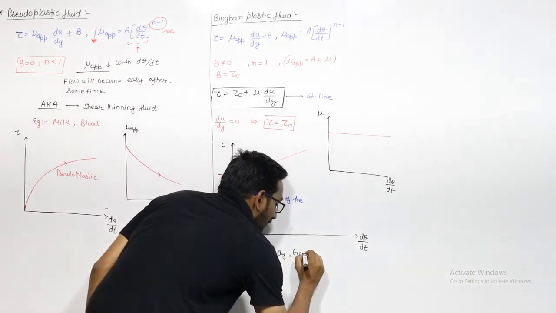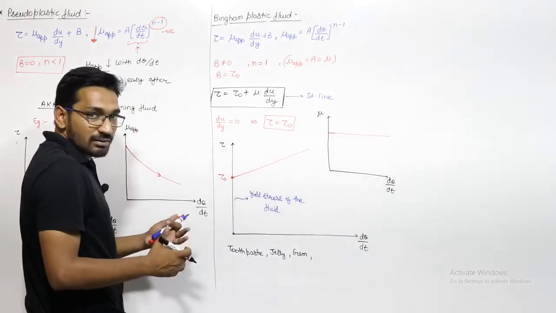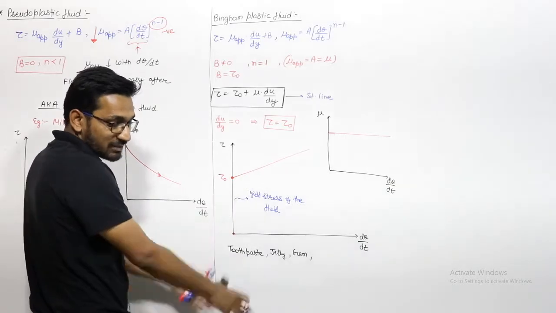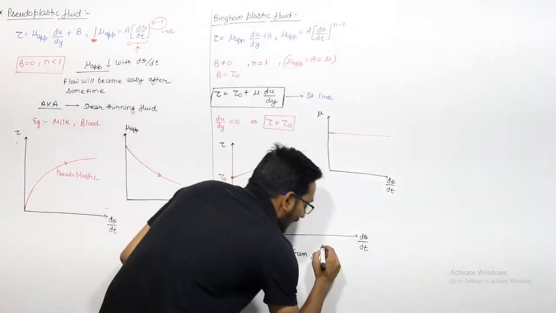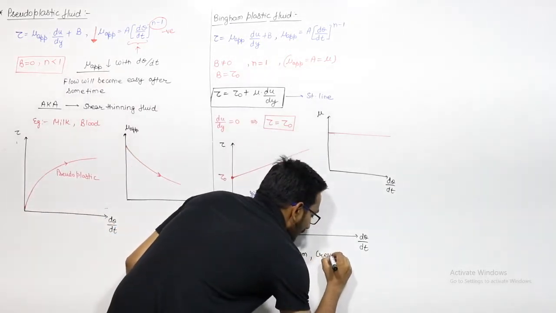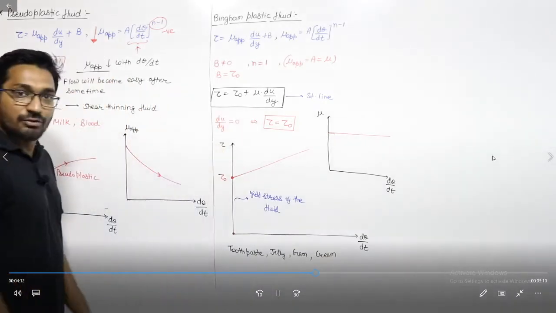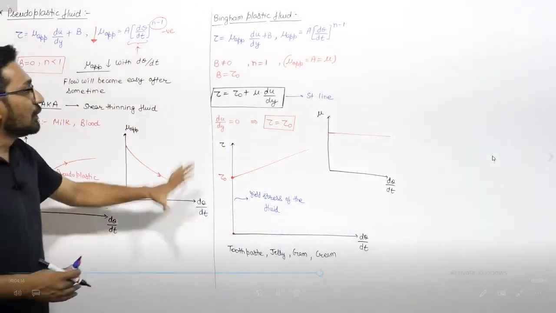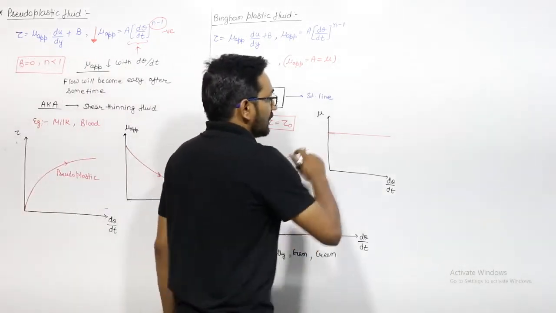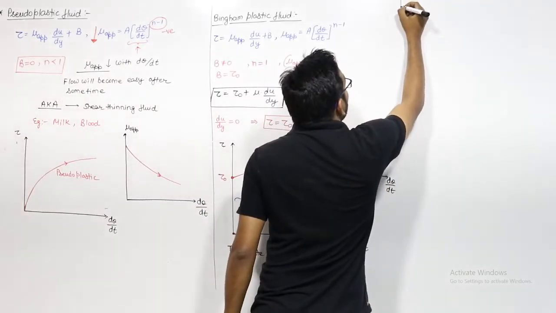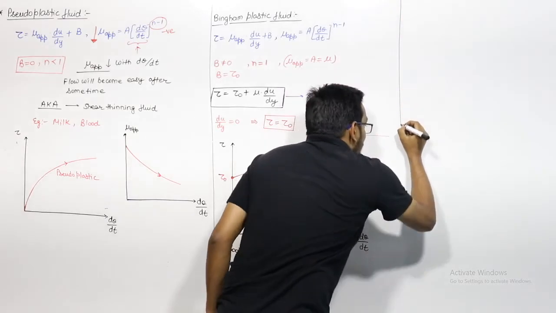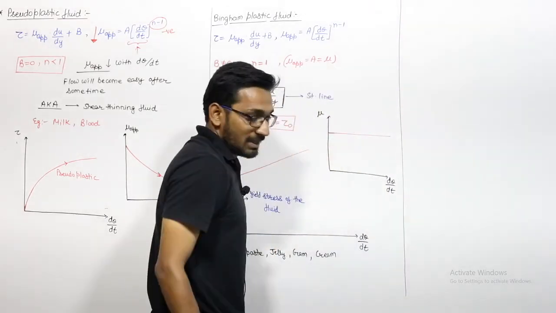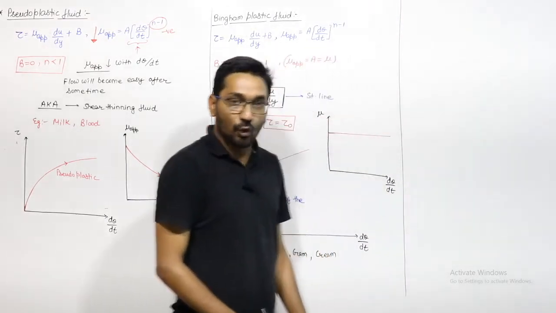Jam which you are used to eating is also an example of Bingham plastic. Any cream is also an example. So this is the fluid which needs some minimum shear stress to flow, right?